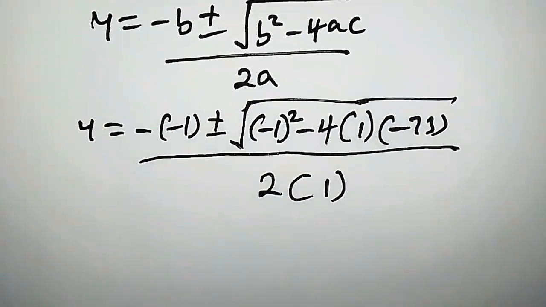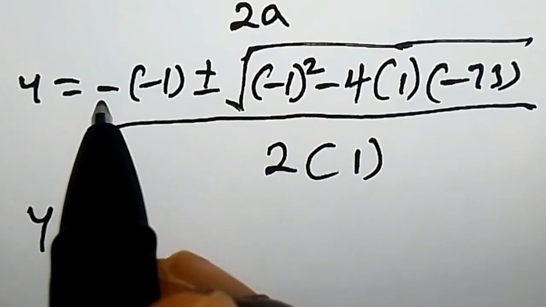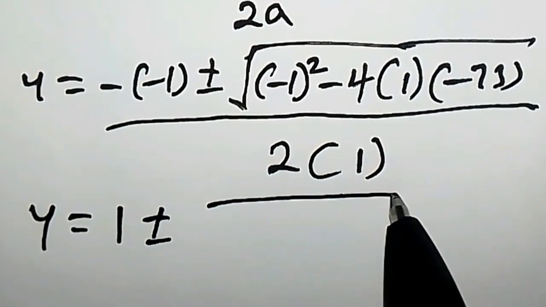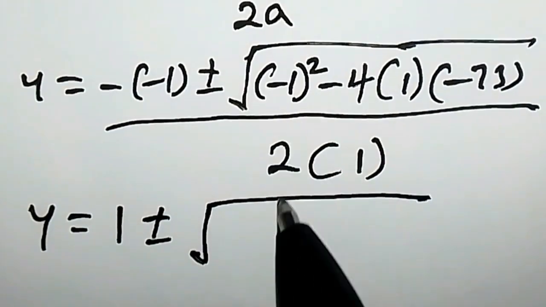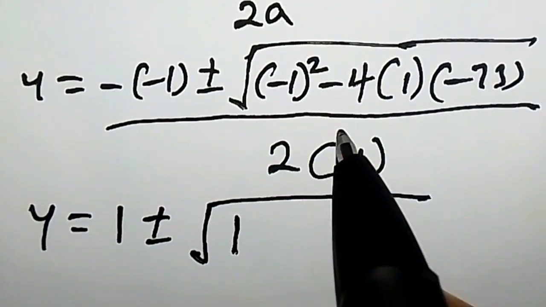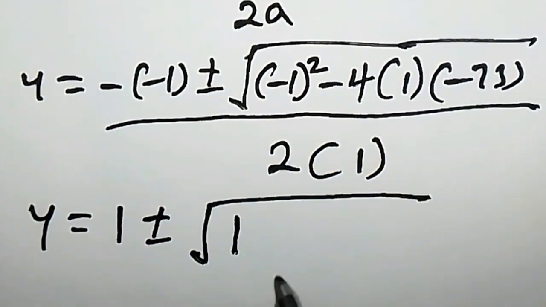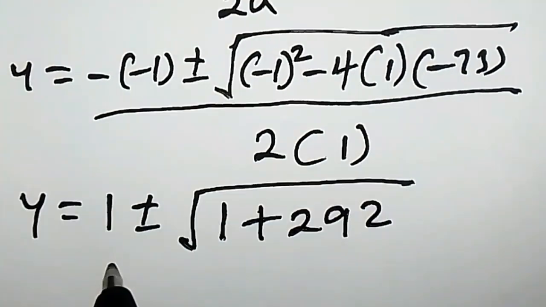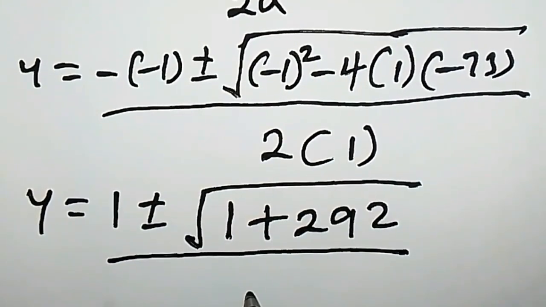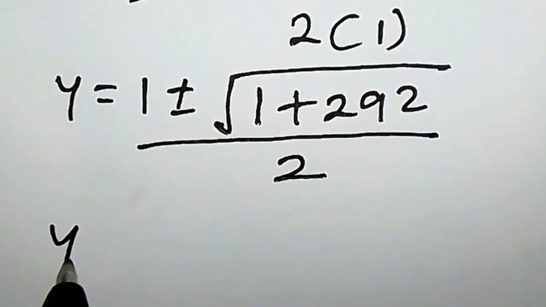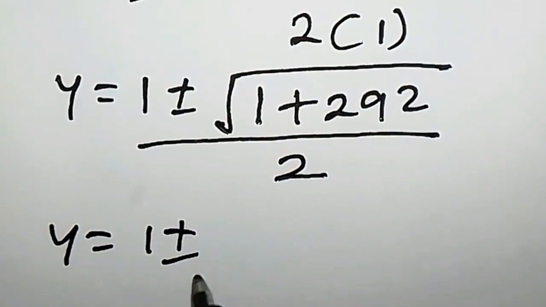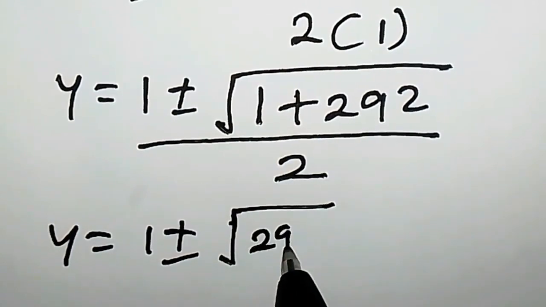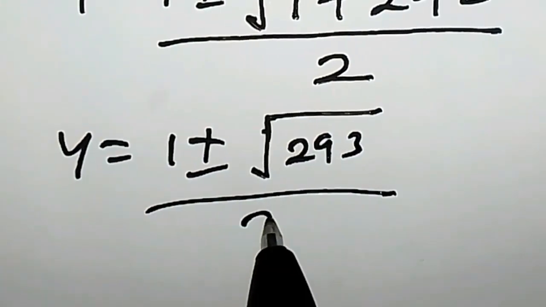Let's continue. y equal to minus times minus 1, that is 1, plus or minus square root of minus 1 whole squared, that is simply 1, minus 4 times 1 times minus 73, that is plus 292, divided by 2 times 1, that is simply 2. y equal to 1 plus or minus square root of 1 plus 292, that is 293, divided by 2.